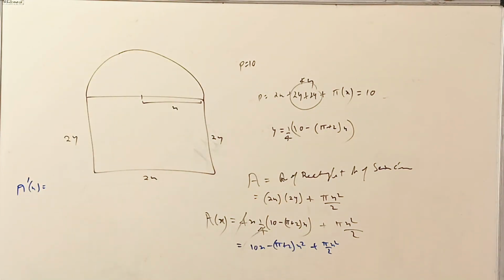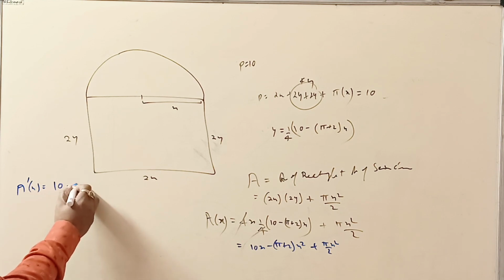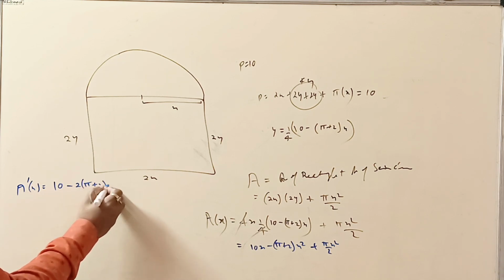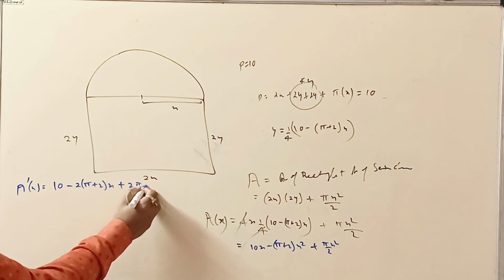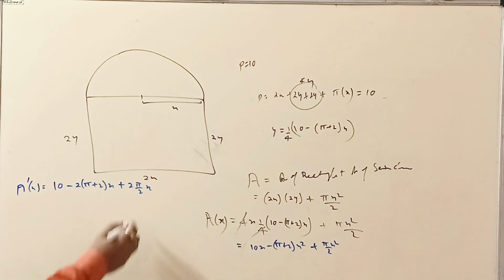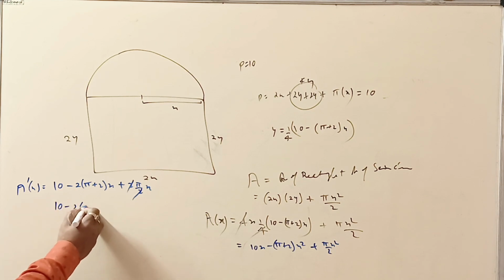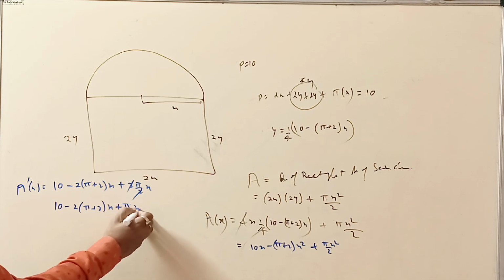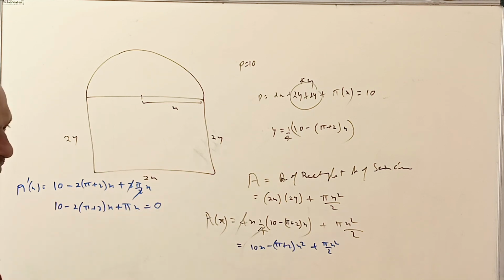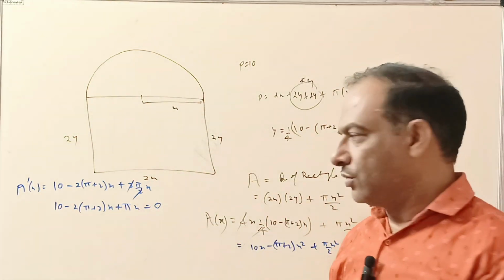Now here, to make it simpler, it will give me 10 minus twice (pi plus 2) times x plus twice pi by 2 x. Okay. Now this 2 and 2 will get cancelled out. I will be having 10 minus twice (pi plus 2) times x plus pi x, and I have to put it equal to 0. Okay, the algorithm says first you have to put it equal to 0.